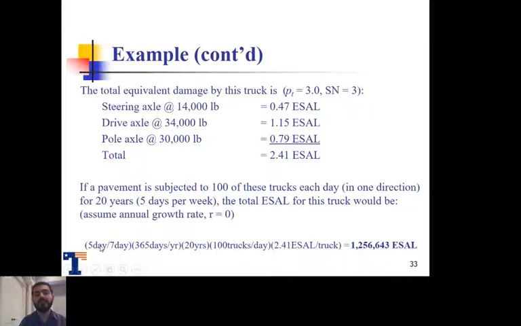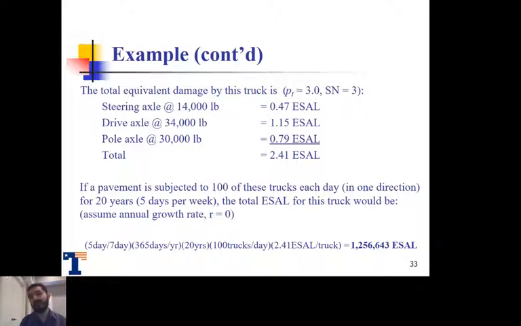Since it's 5 days over 7 days, there's a ratio that gives us how many days per year we operate this truck, times 20 years, times 100 trucks a day, and each truck has 2.4 ESALs. We get 1 million and a quarter worth of ESALs just from 20 years of application of 100 trucks a day.